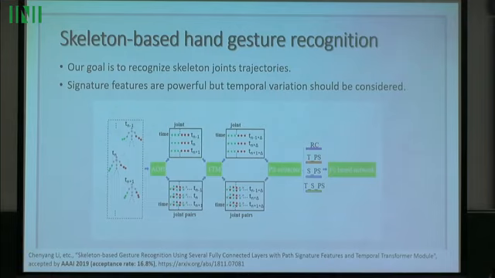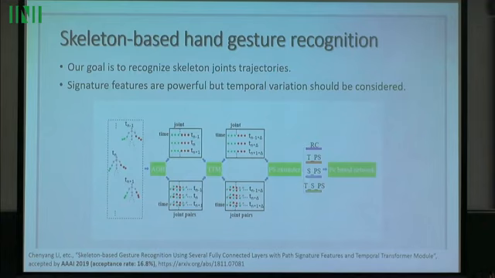And then we propose this TVM, temporal variation module, which means we not only consider the path signature, which can very powerfully characterize the single-sequence temporal variation, but also, when considering different sequences, like different people performing different gestures, they have inter-sequence differences.